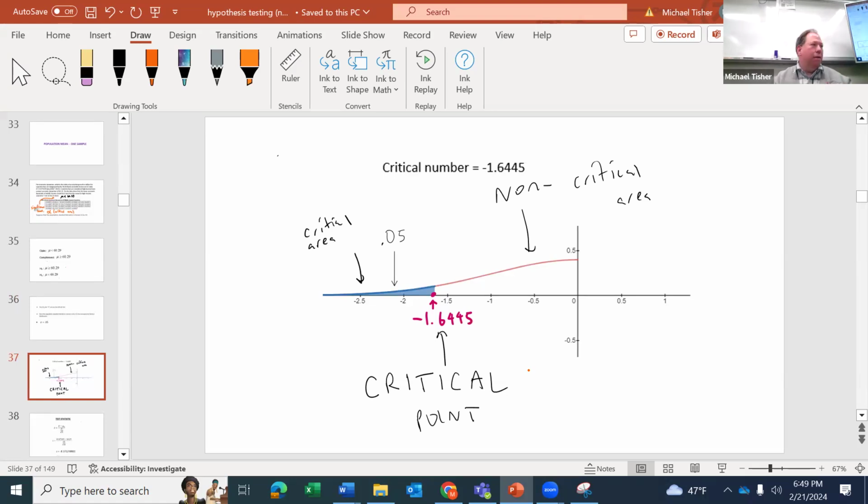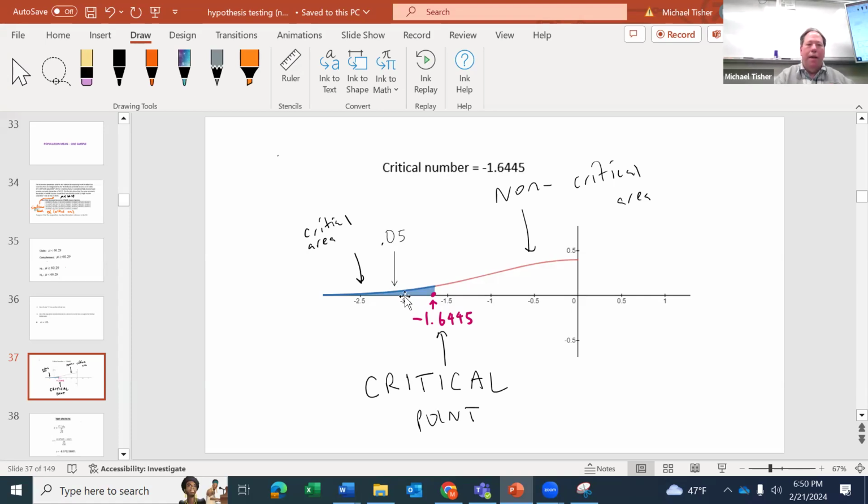Now I'm on slide 37 if you're following along. Since we're using a left-tail test, we draw just the left side of the normal distribution curve. The critical area is the blue area right there. Remember, the critical area is the area on the far left end or far right end. Since we're given a significance level of 0.05, this critical area is 0.05.